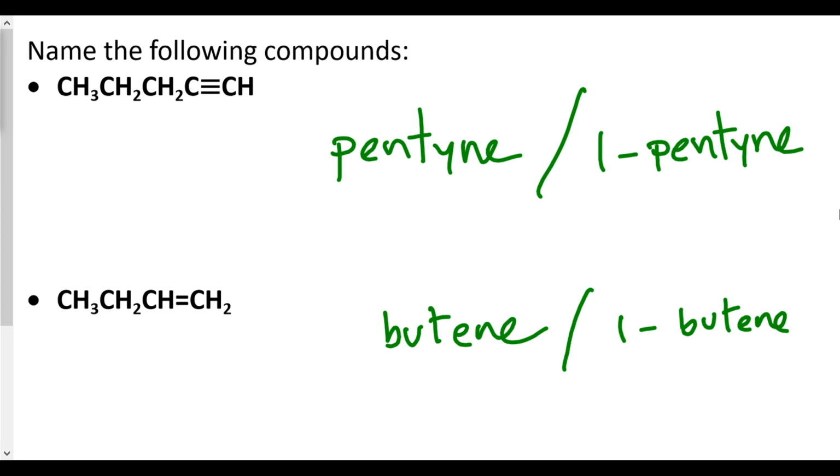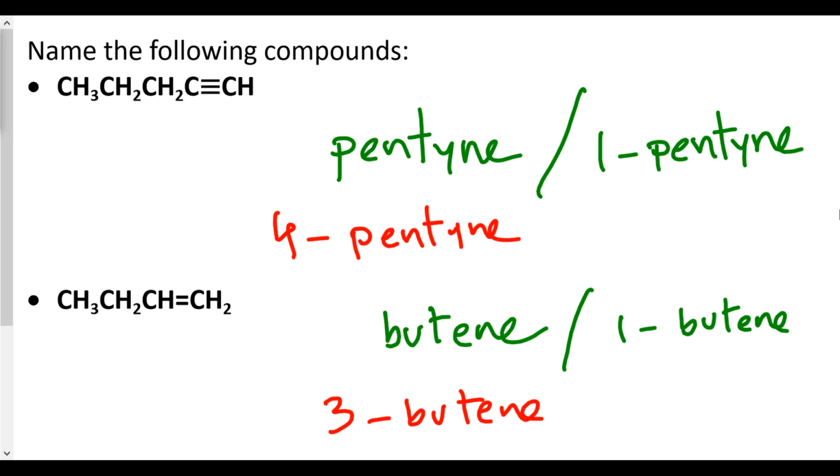For the second one, I have a double bond, so I wrote ENE, and then I noticed that I have 4 carbons, so the name would be butene, or someone can write 1-butene, where 1 is indicating the location of the double bond, which is in between first and second carbon.